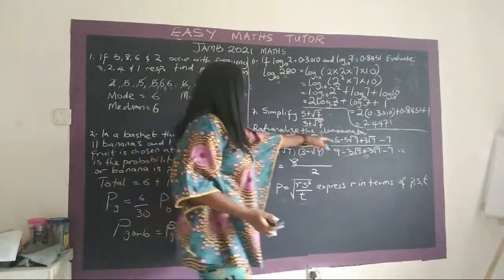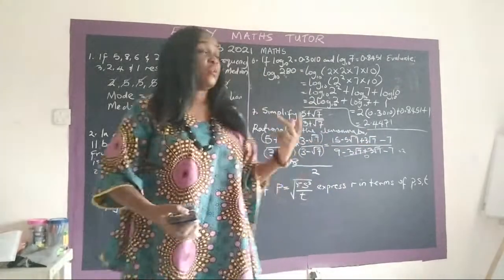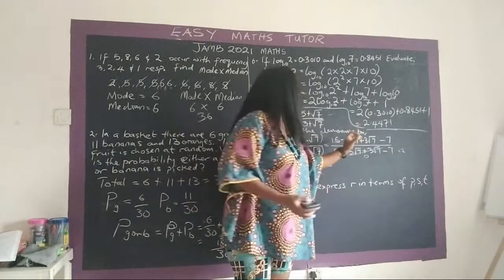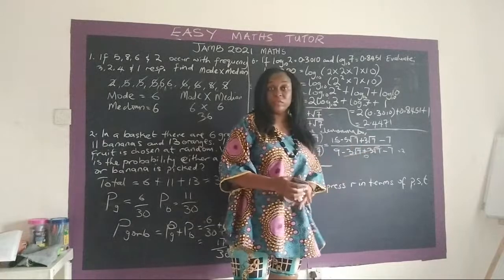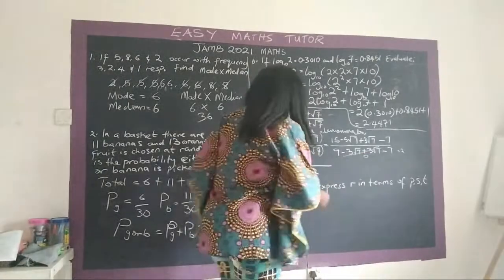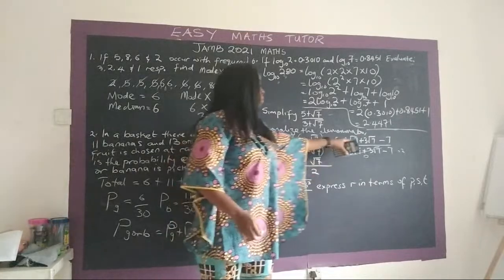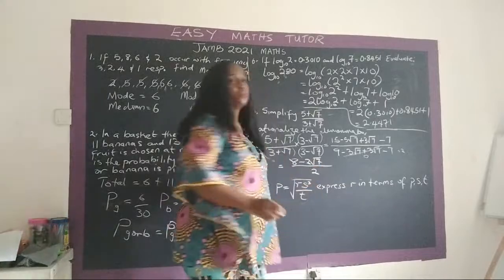If we remove the root 7, we have minus 5 plus 3. We write root 7, so minus 5 plus 3 will be minus 2.